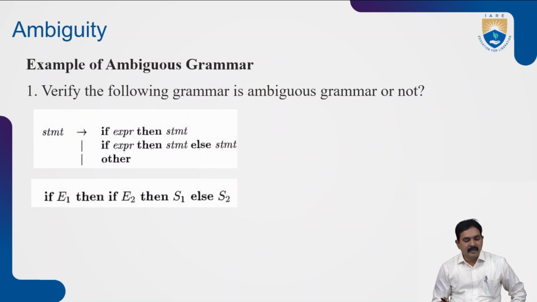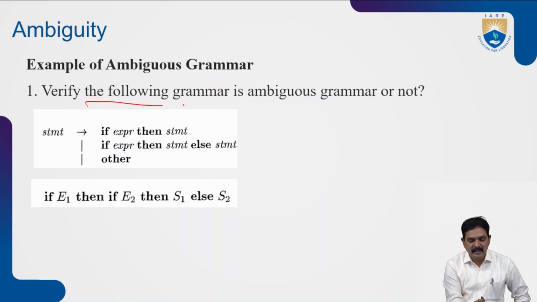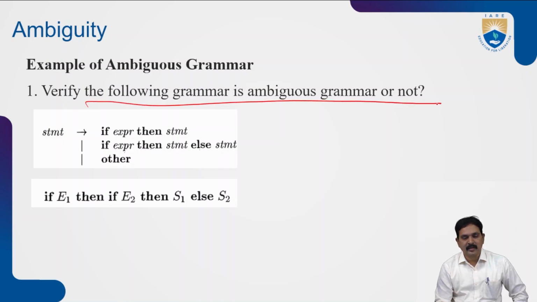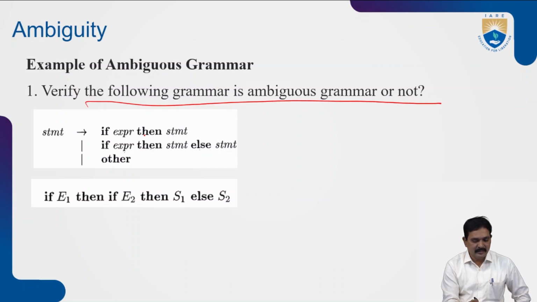Next we have another example: verify whether the following grammar is ambiguous or not. Here you take the production P1 and production P2, and assume some input string.